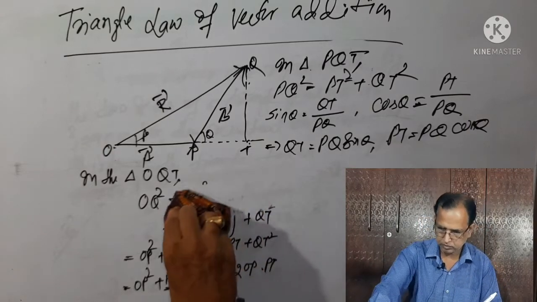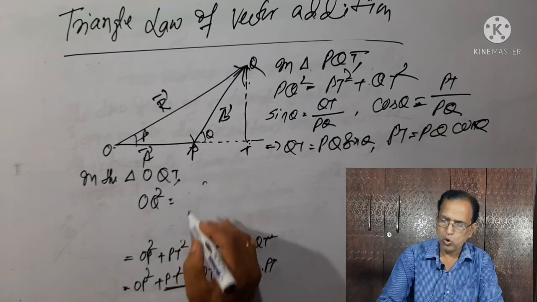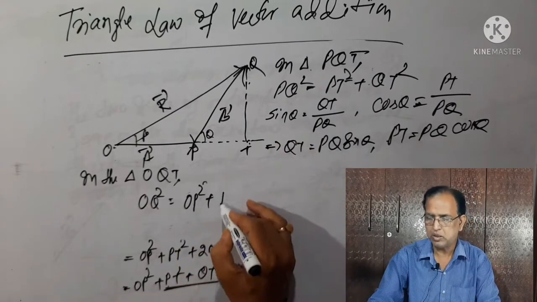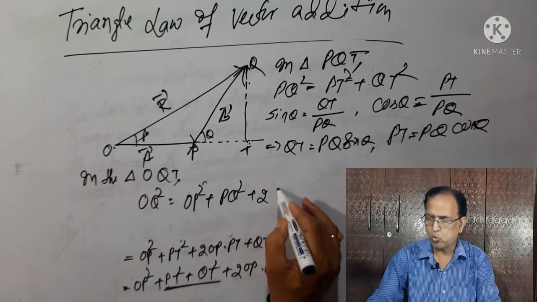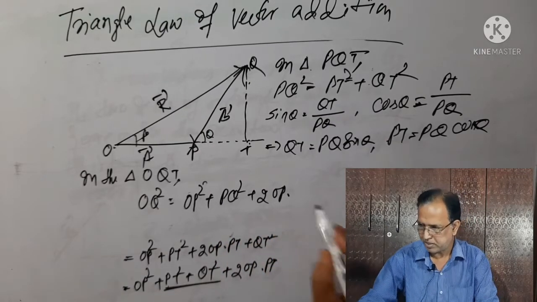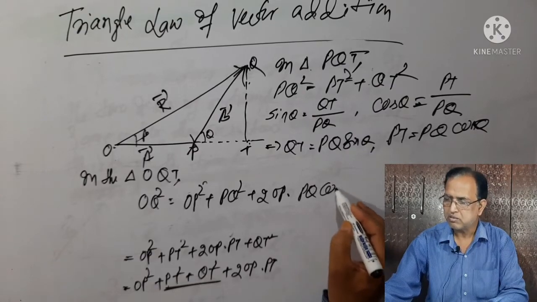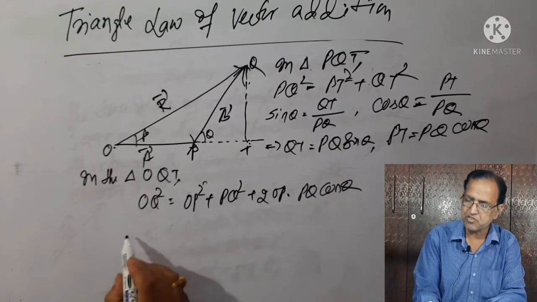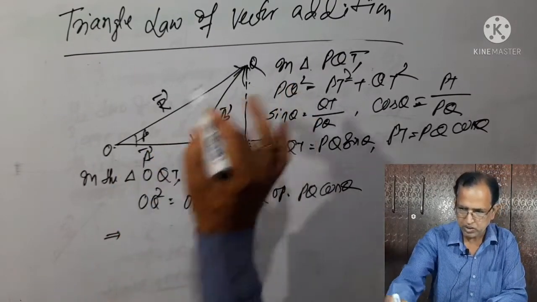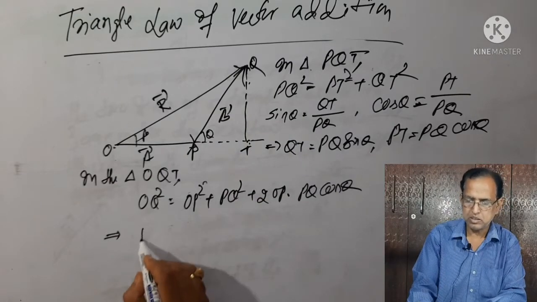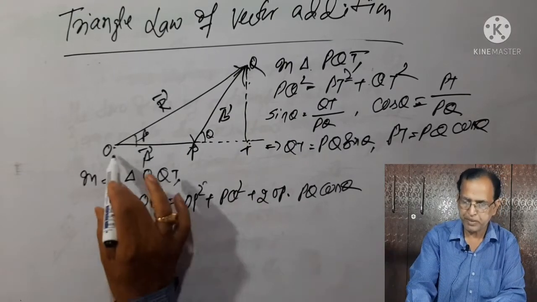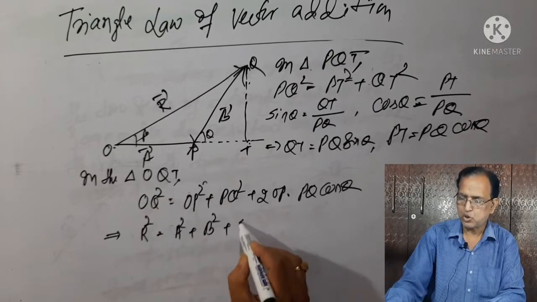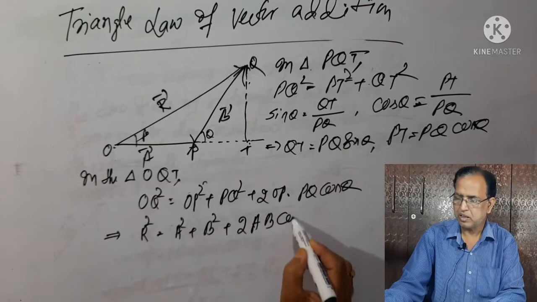So OP square plus PT square plus QT square is equal to PQ square plus 2 OP into PT, and PT is PQ cos theta. So this implies OQ, which is your R, considering only magnitudes, R square is equal to A square plus B square plus 2AB cos theta.